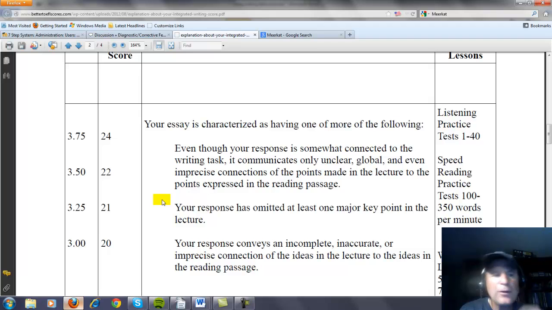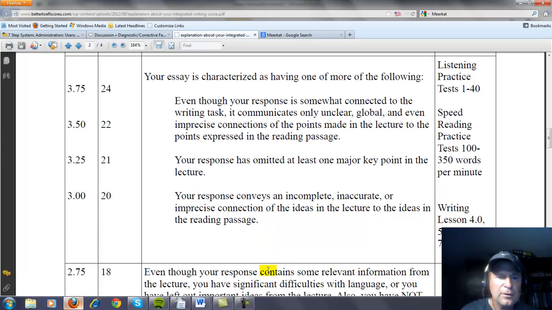I don't think I'm going to give you a low 3 on this one. It says a low 3 at the very bottom communicates only unclear, global, even imprecise connections. Your response conveys an incomplete, inaccurate, or imprecise connection of the ideas in the passage.